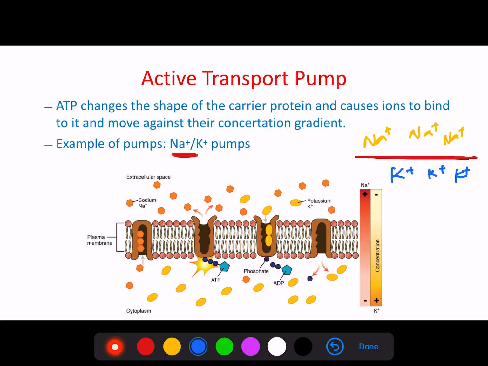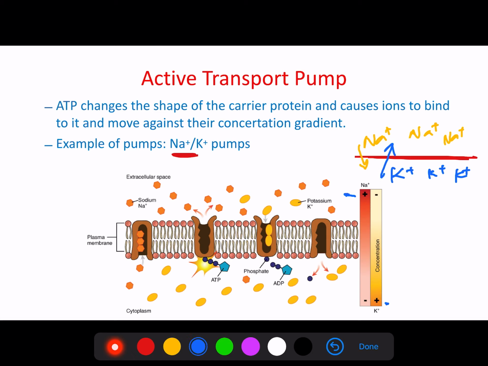This is how the cells would prefer the distribution of sodium and potassium. They prefer most of the sodium to stay outside the cell and most of the potassium to stay inside the cell. Now, this would create a concentration gradient, for example, for the potassium toward outside and a concentration gradient for the sodium toward the inside.